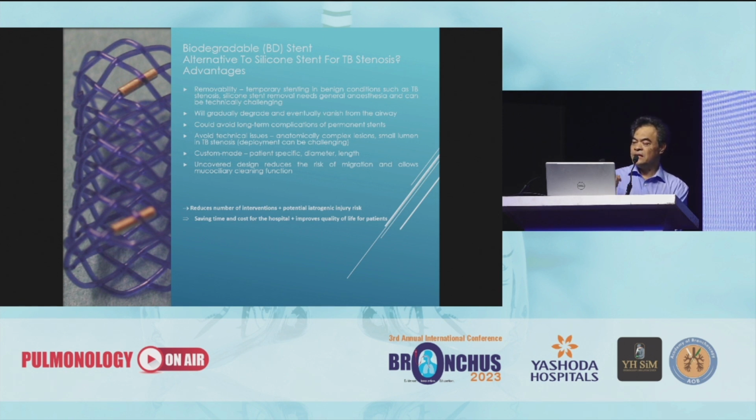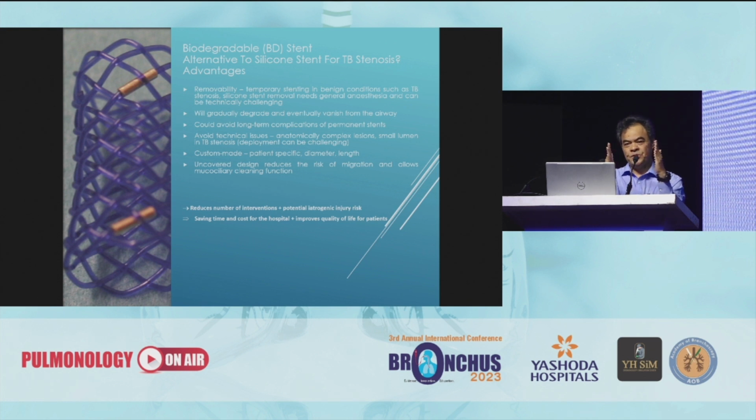It can also avoid technical issues, such as in TB stenosis, where sometimes the anatomy can be really complex and the lumen is small, like what Dr. Titiwat mentioned. Sometimes you can only dilate so much, and if you try to dilate more, you might cause rupture or trauma, tear of the mucosa.